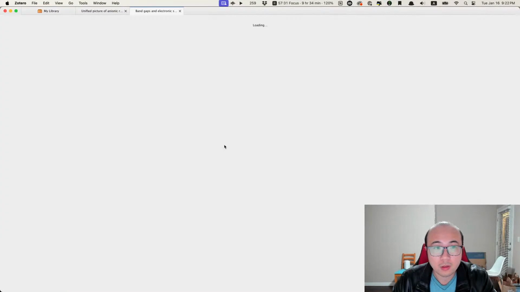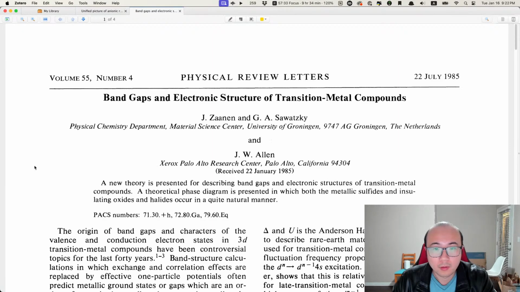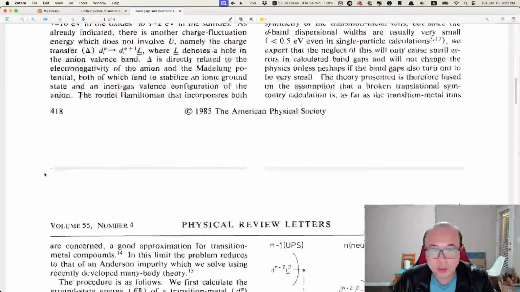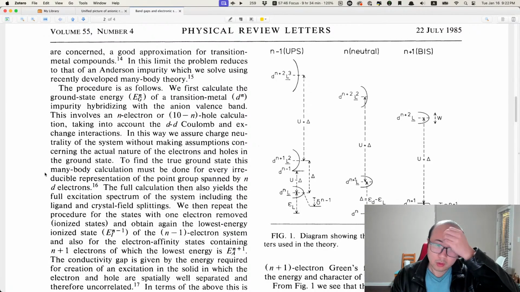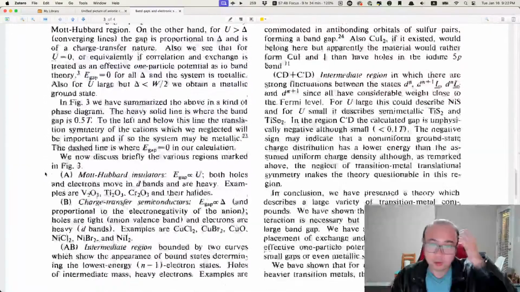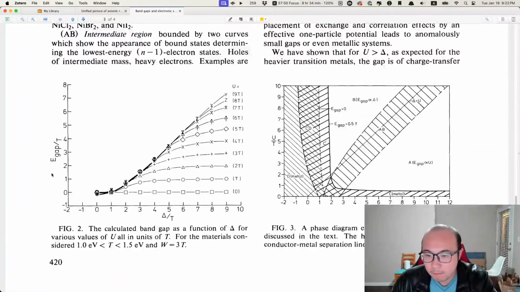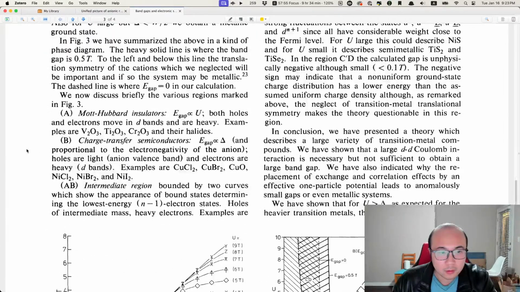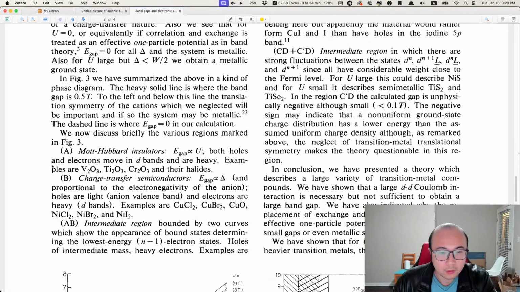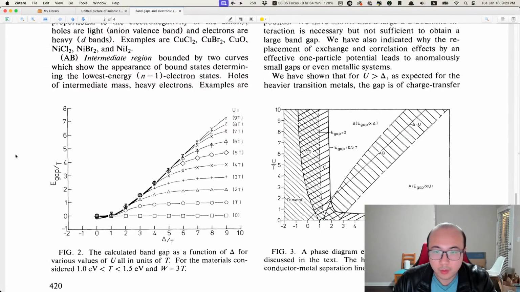Let's see. Okay. Let's say they're neutral. Figure 3.